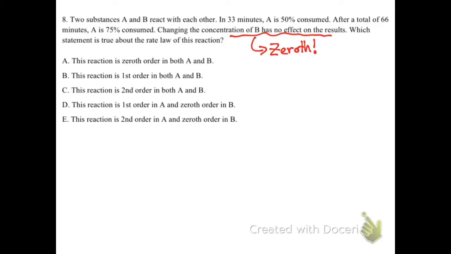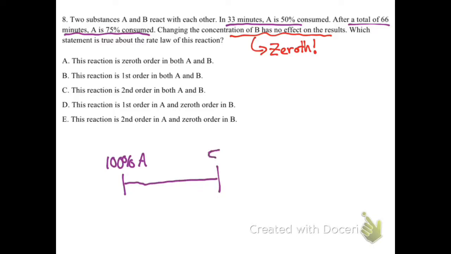So we're told that with A, in 33 minutes, it's 50% consumed. Then after a total of 66 minutes, it's 75% consumed. What I like to do is write out almost like a timeline of what happens here. So we start off with A, and we have 100% of our reactant A. And then it tells us that it takes 33 minutes for it to be 50% consumed.